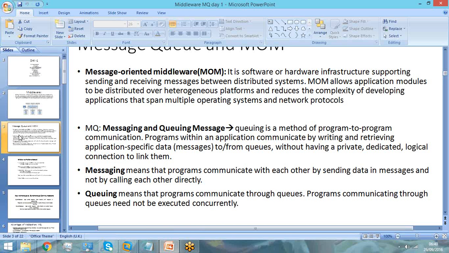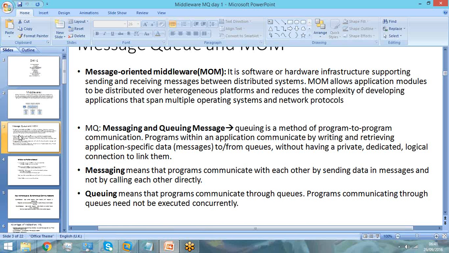That's a bigger class which does other functions. We are concentrating on IBM WebSphere MQ, which is a message-oriented middleware. What is message-oriented middleware, or MOM? Short form we call it MOM.